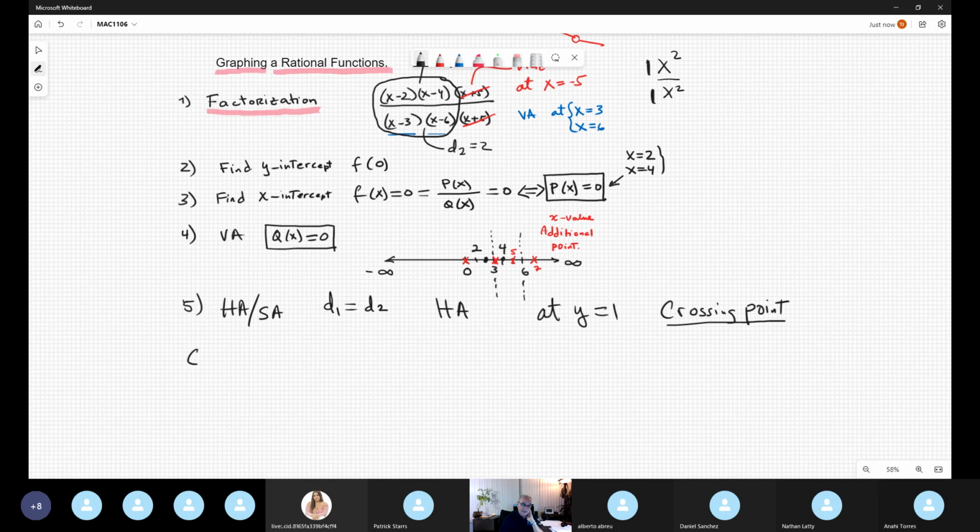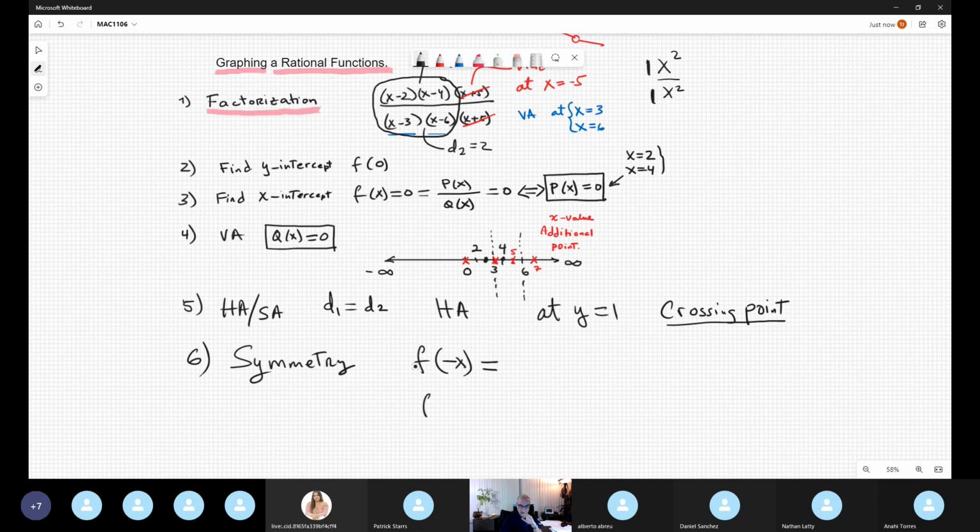And number 6, the majority of the students forget number 6, but it's extremely important, and I want to explain why. It's the symmetry. So you spend only 2 seconds to analyze the symmetry. And remember, we have 2 kinds of symmetry. To check symmetry, you replace in my function x for negative x.